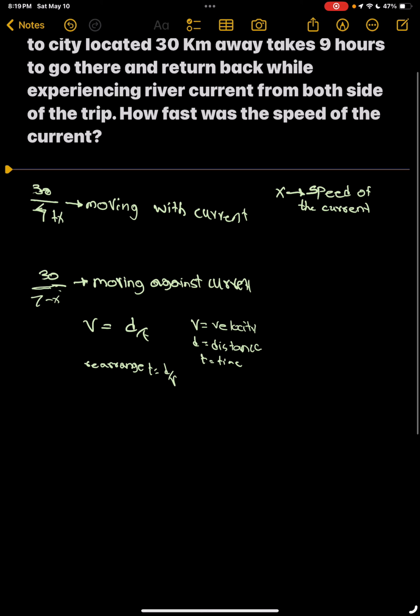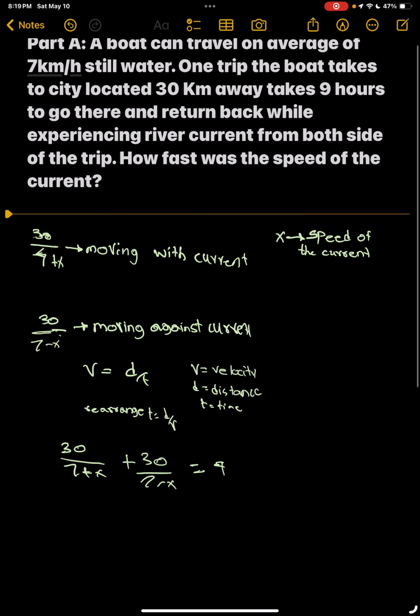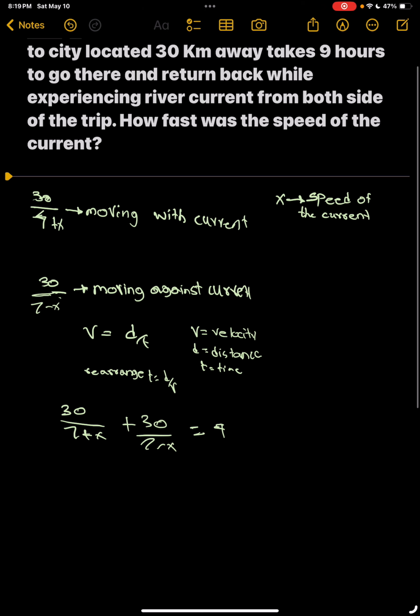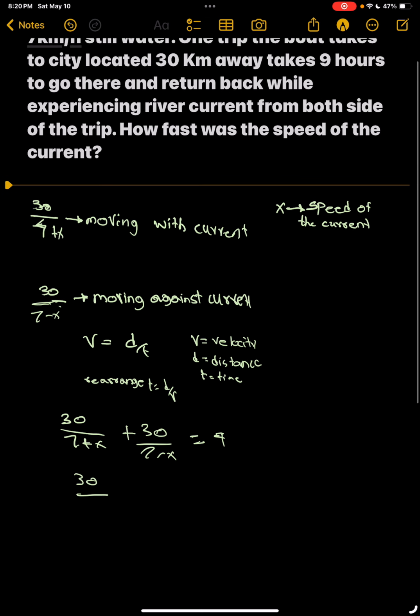So the first thing we're going to do is add these two terms together, 30 over 7 plus x plus 30 over 7 minus x, which will be equal to 9. Now we know that 9 is the time it takes to go there and return back, so we're going to move this to the left side, minus 9.